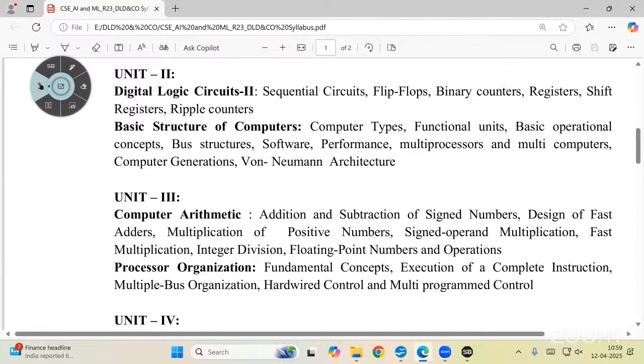The 2 and 3 can be stored in data memory, and the entire instruction, the equivalent machine code, can be stored in the program memory. So whether that program memory and data memory use the same memory device or different devices comes under the Von Neumann architecture. Okay. So now we'll enter into the basic structure of computers.